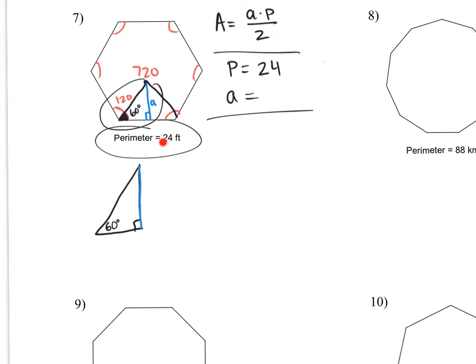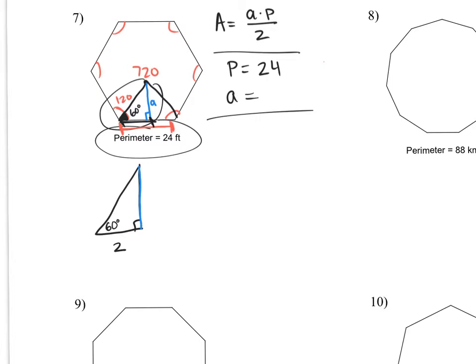All 6 of them add together to give me 24. To find just one side length, I do 24 divided by 6 to get 4. So the entire side length here is 4. Then this little half of it must be 2, because it's only using half of the base.